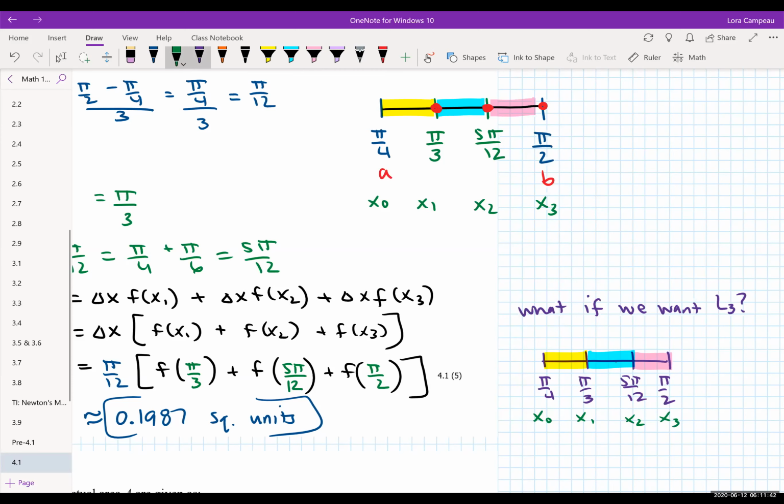If you wanted L3, what endpoints are we using? L stands for left. So you could mark them, what you're looking at. You're saying the yellow subinterval, I'm going to use x of 0. The teal subinterval, x of 1. The pink subinterval, 5 pi over 12. So we'd be using x of 0, x of 1, and x of 2 to calculate the L3.